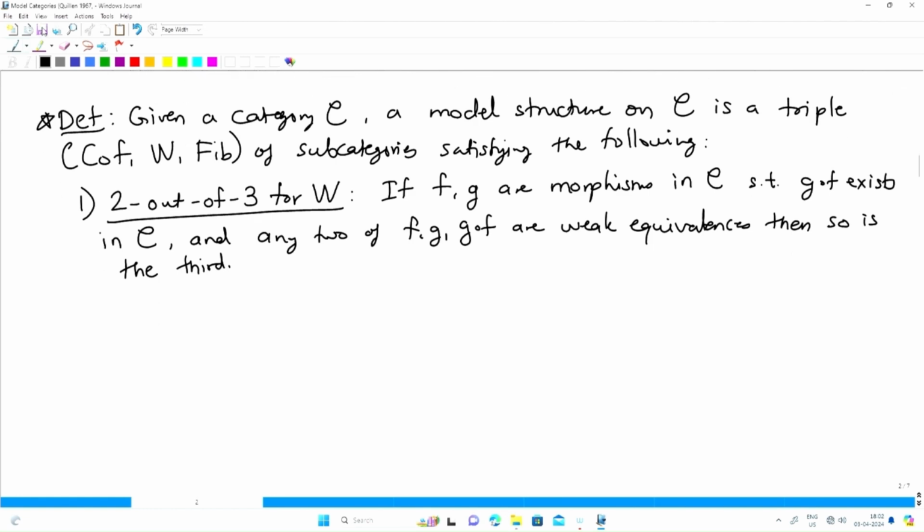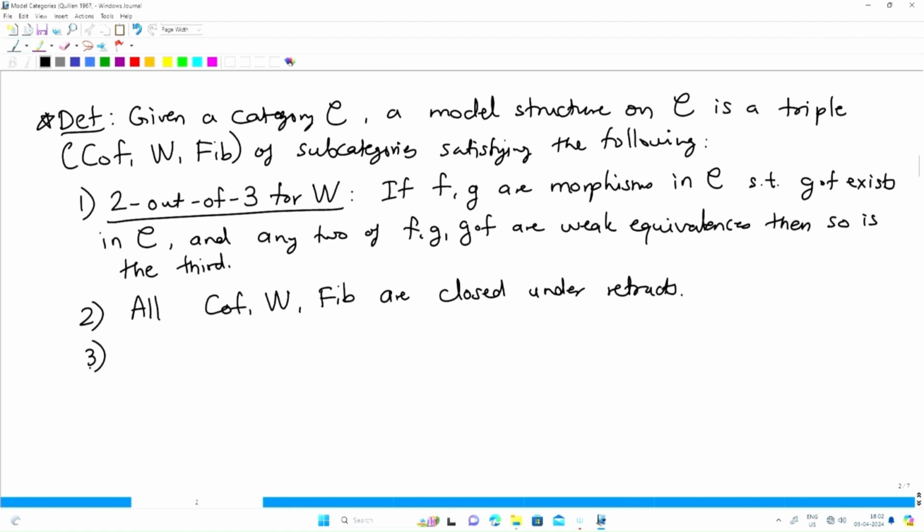The second condition is that COF, W and FIB are closed under retracts. We have already discussed retracts, so these are all subcategories closed under retracts. No harm in assuming this condition. The third and third-op are interesting.